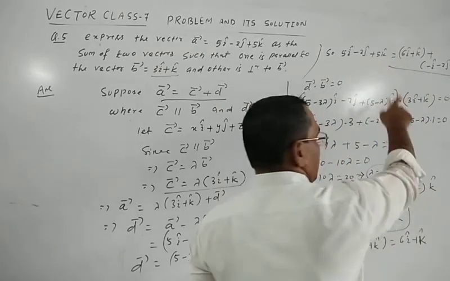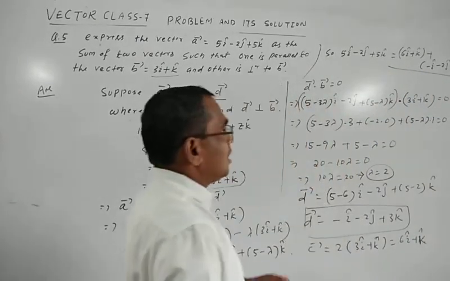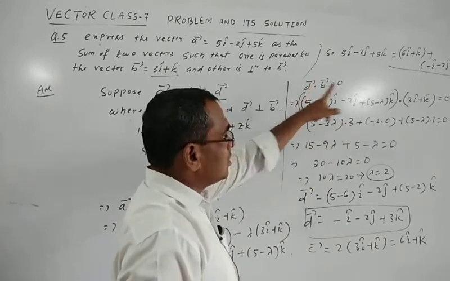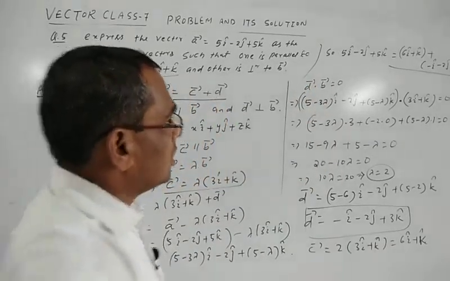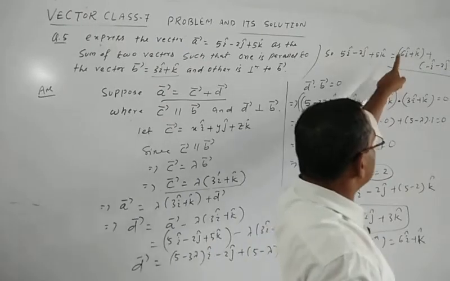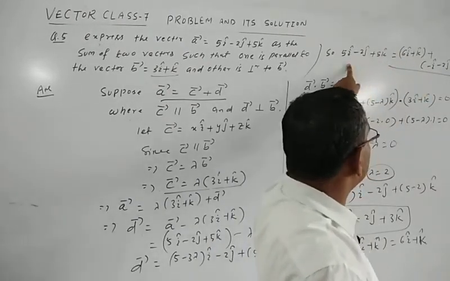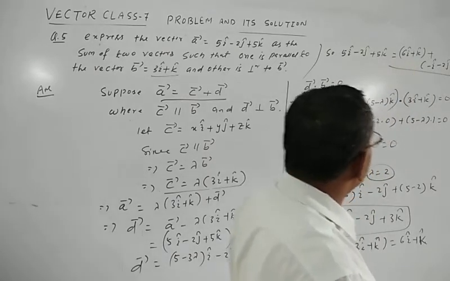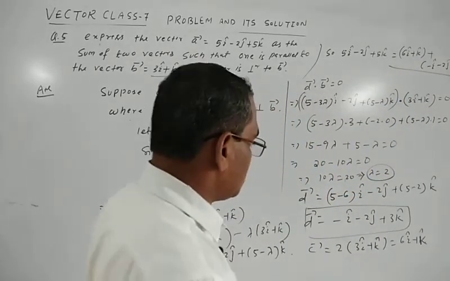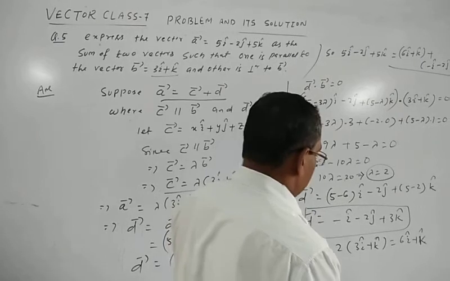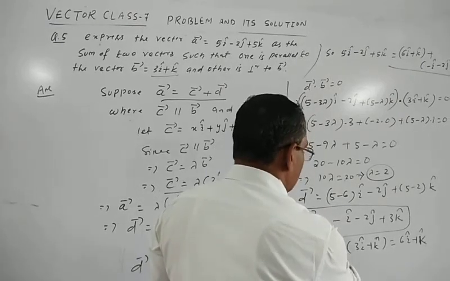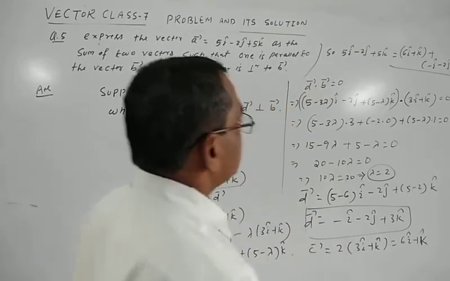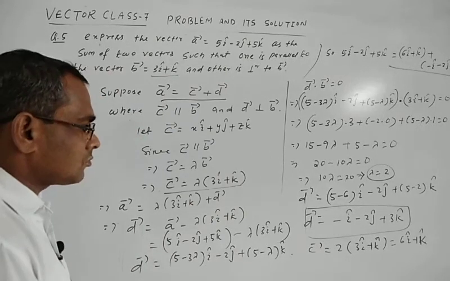If we add the right hand side, then it will be the LHS. See, is it satisfied or not? So 6i cap minus i cap is 5i cap, minus 2j cap, and the k cap terms.